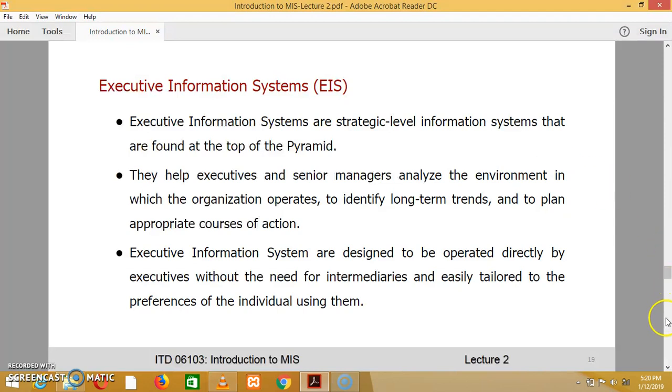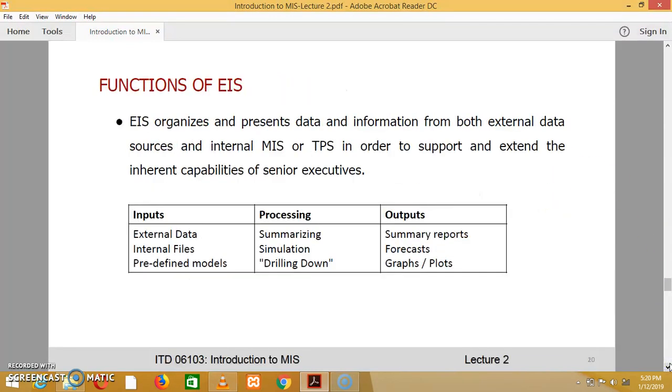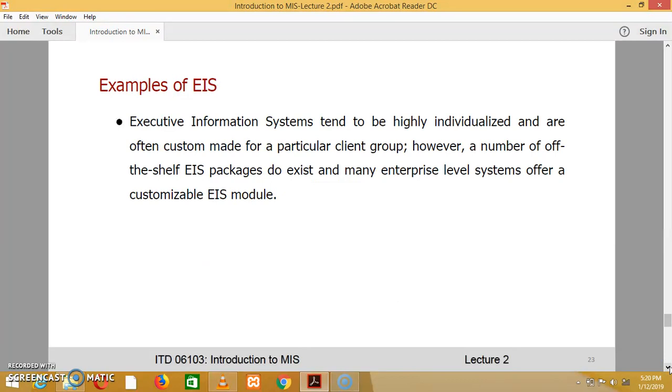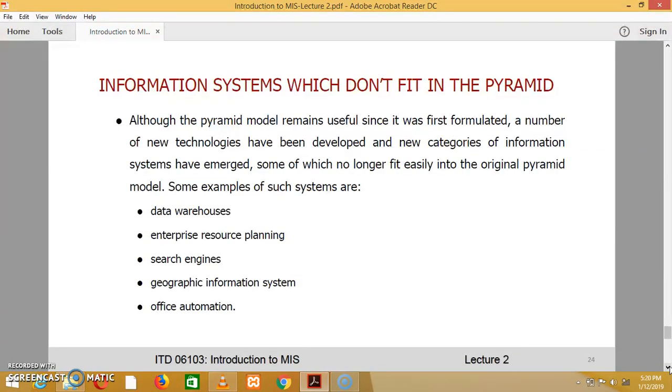There are some information systems like, we call it search engine, data warehouse, enterprise resource planning, and we have the geographic information system, office automation. So these kinds of information systems are not fitting within this pyramid that we have talked about here.